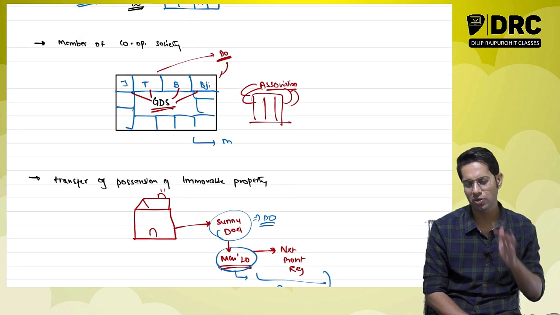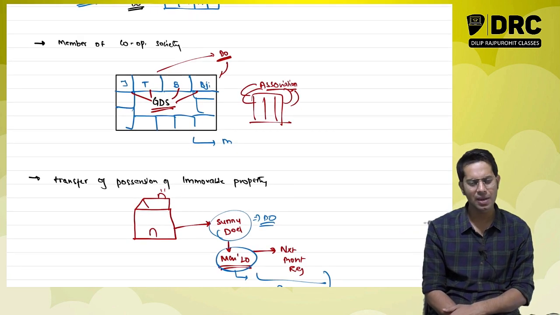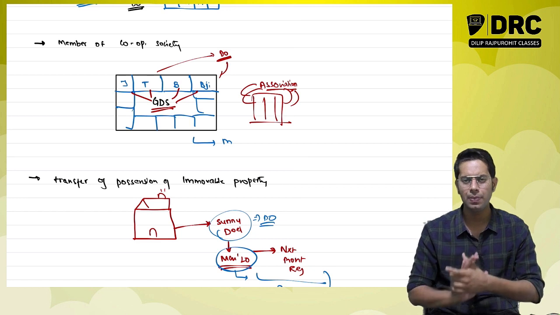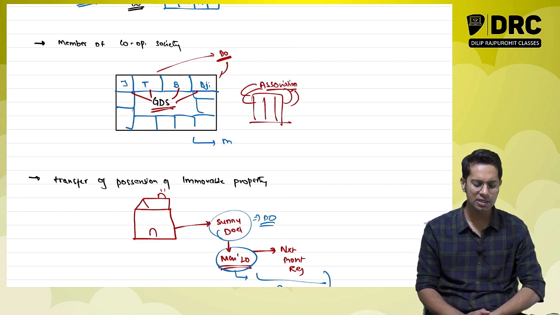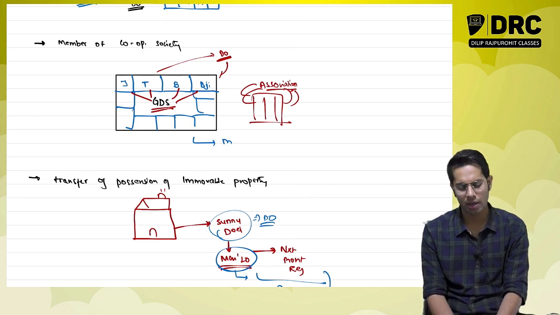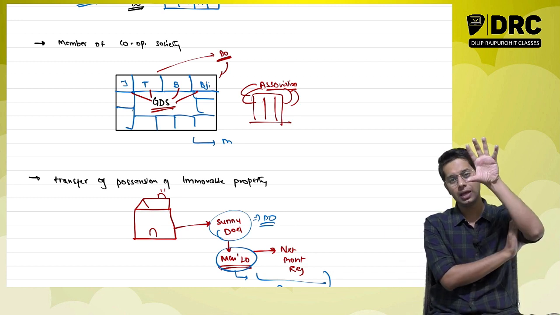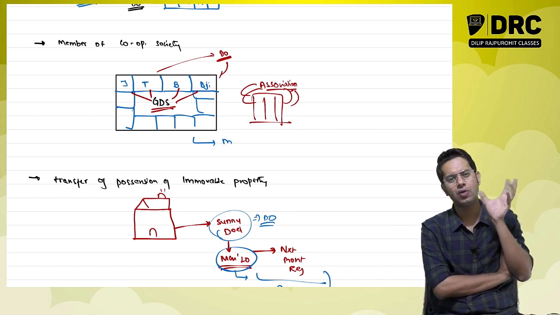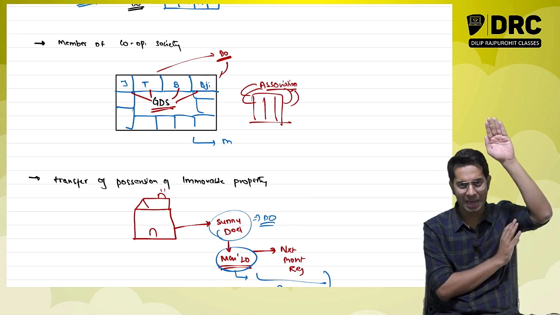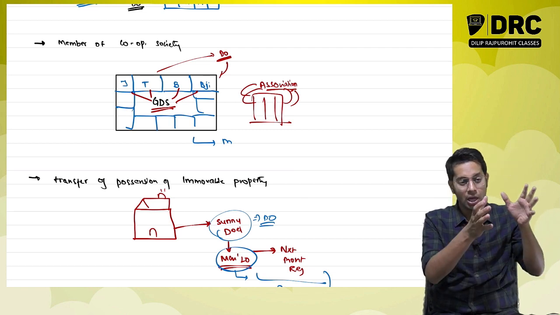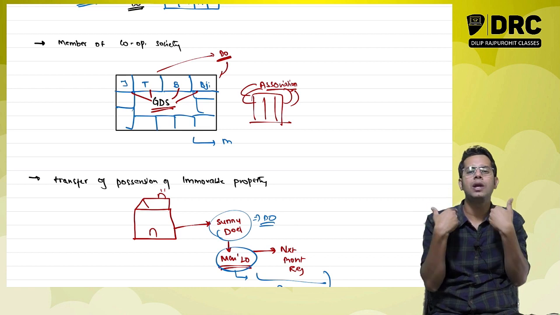Member of a cooperative society. Many times you would have seen people staying in an apartment, or you would have seen the Gokuldham society in Tarak Mehta Ka Ooltah Chashmah, a television show. In case of an apartment, the flats are individually owned by these people.